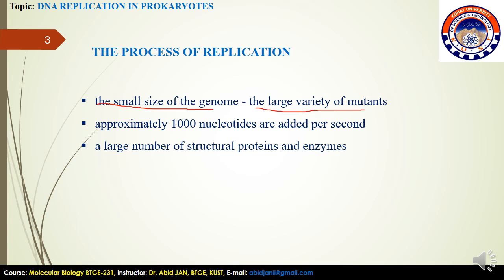This means that approximately 1,000 nucleotides are added in 1 second. Thus, the process is quite rapid and occurs without many mistakes. DNA replication employs a large number of structural proteins and enzymes, each of which plays a critical role during the process.